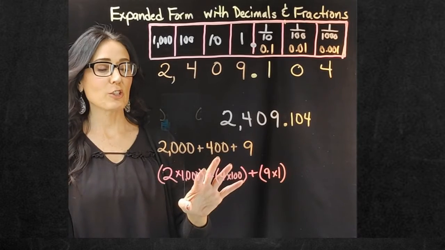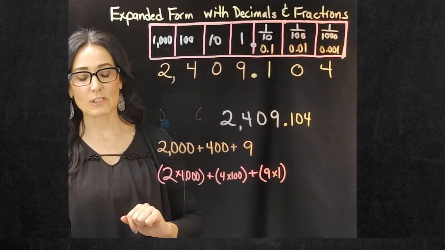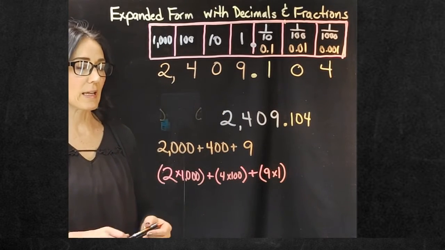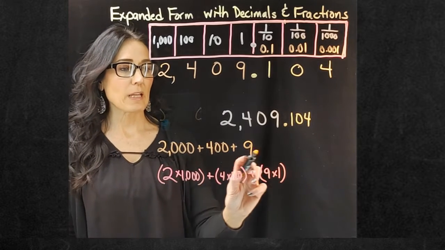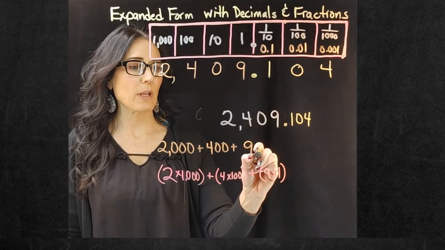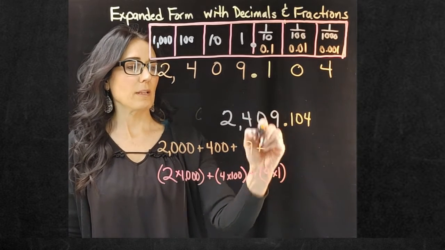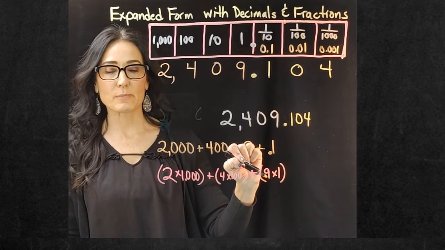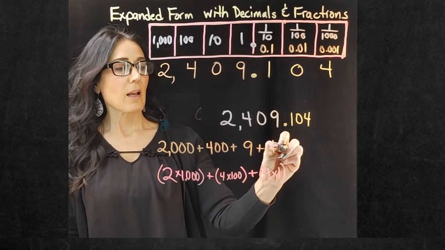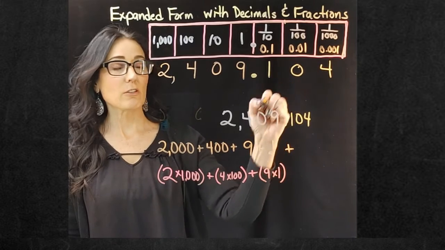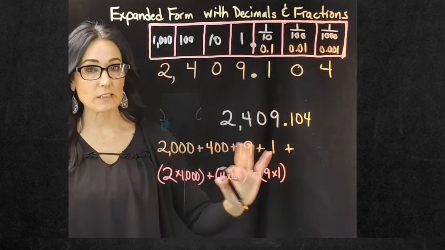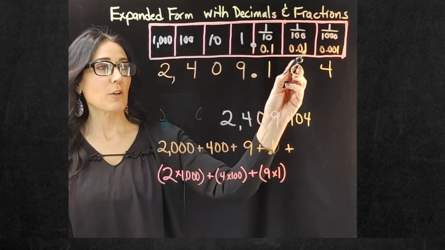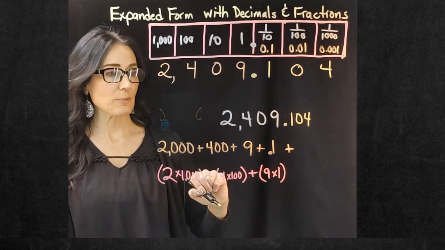So how might these two models change if we had decimals? So let's go ahead and take a look at that. So right here, we could go ahead and add on to this, and we could say, okay, plus 1/10, making sure we put our decimal in the correct spot, plus 0 hundredths, so I don't need to do anything for that, plus 4 thousandths.